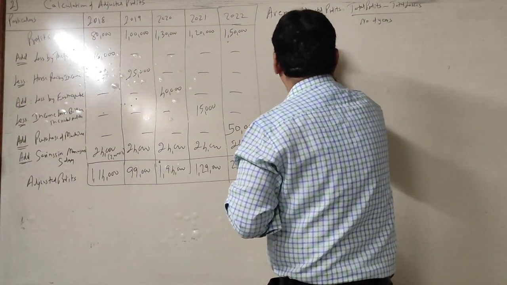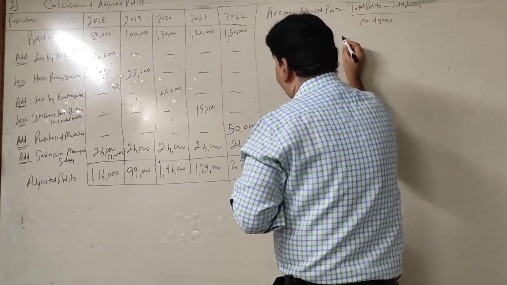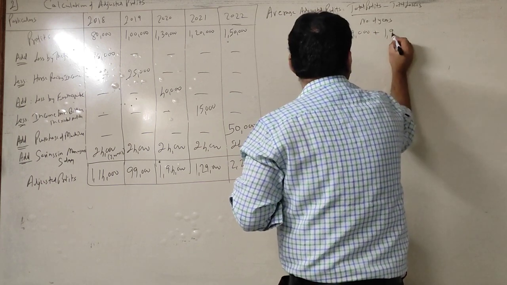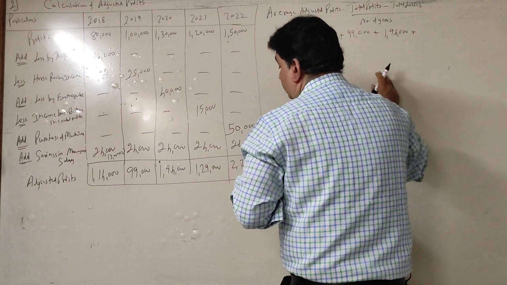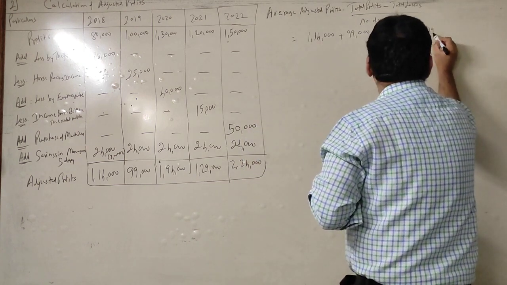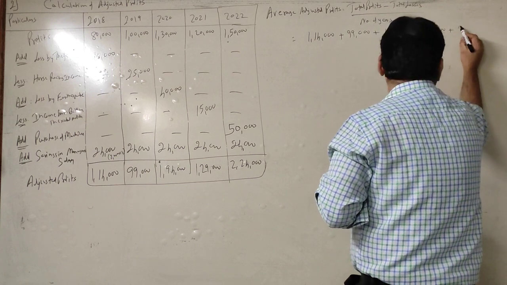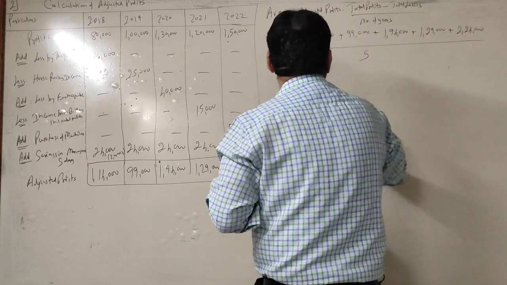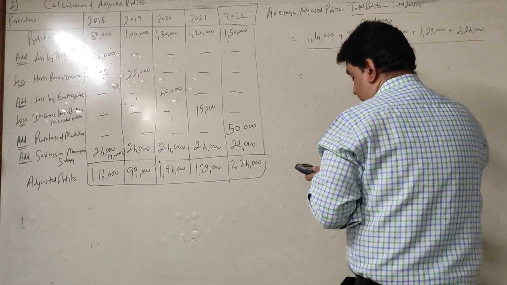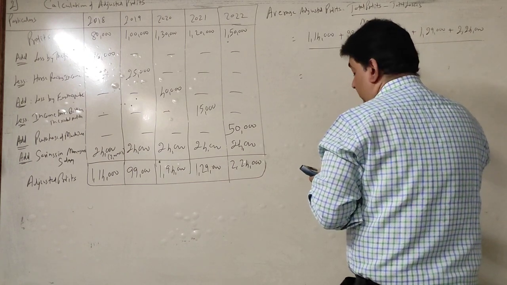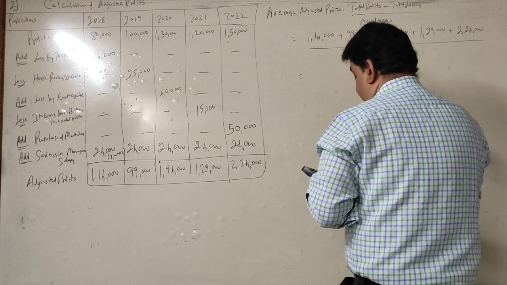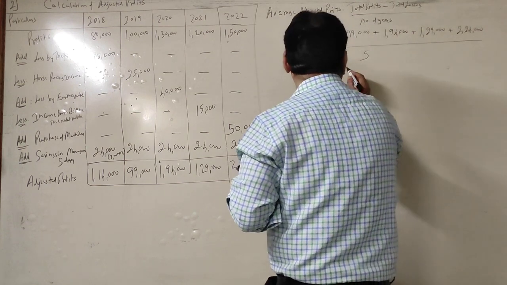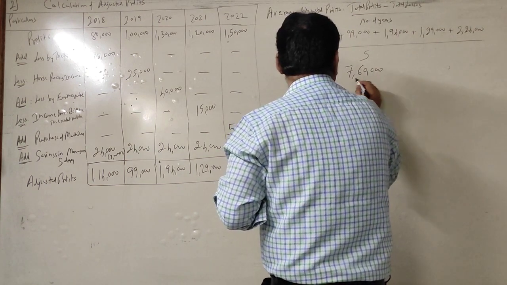So 1,14,000 plus 99 plus 194 plus 129 plus 224, and it is 5, so divided by 5. 1,14,000 plus 99 plus 194 plus 129 plus 224 gives you 760.